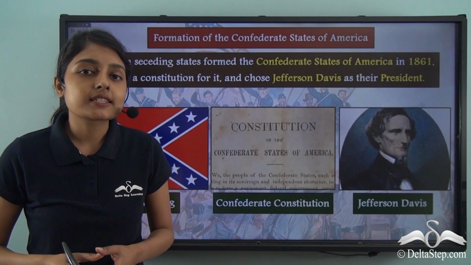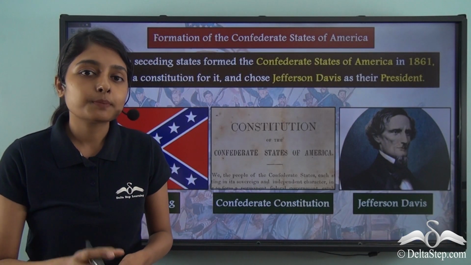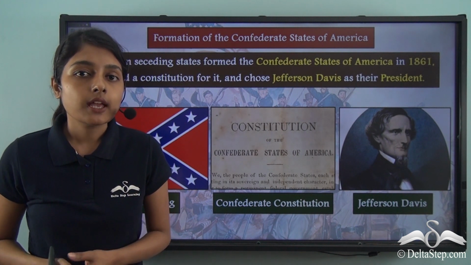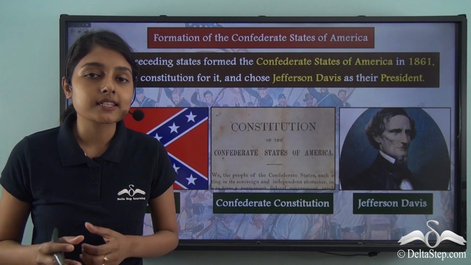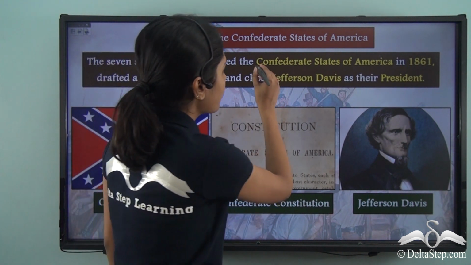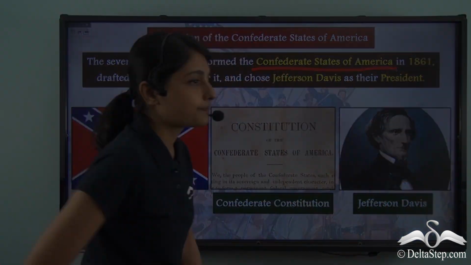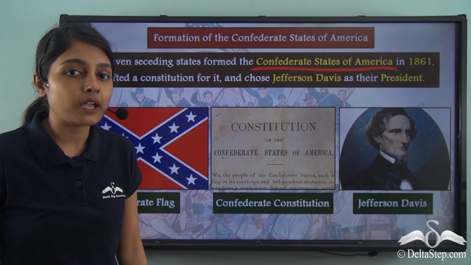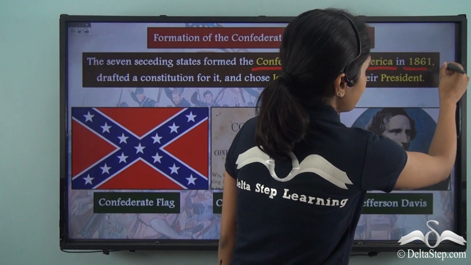In our previous lessons, we learned that the 7+4 southern states had seceded from the Union. Now when the southern states seceded from the Union, they together made up the Confederate States of America. And they proclaimed themselves as the Confederate States of America in 1861.